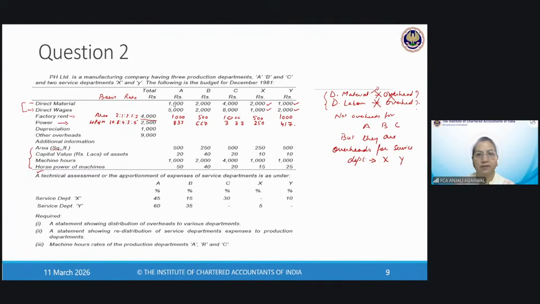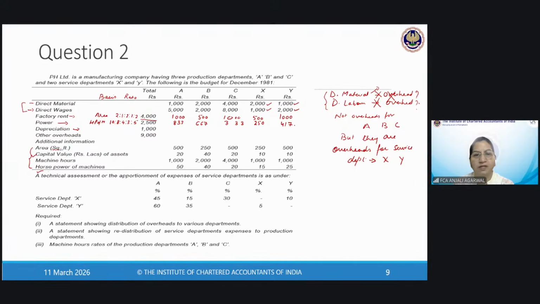Right. Next, depreciation. What do you think should be the basis for depreciation? If it had been depreciation of only machines, I could have taken the value of machines and multiplied by machine hours also. But it is depreciation, so maybe more than machine assets are also involved. And I have also not used this information.